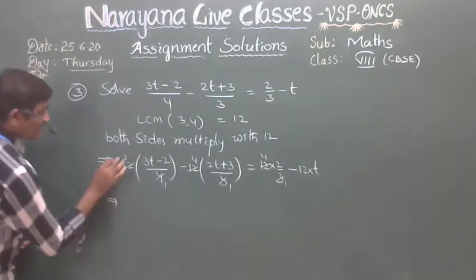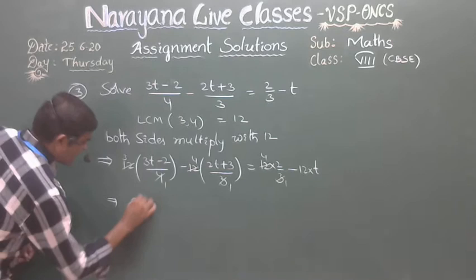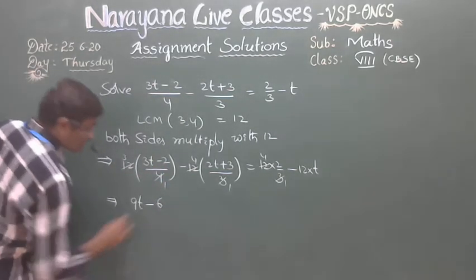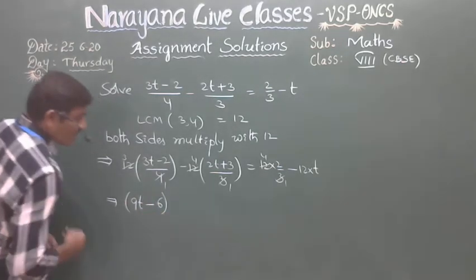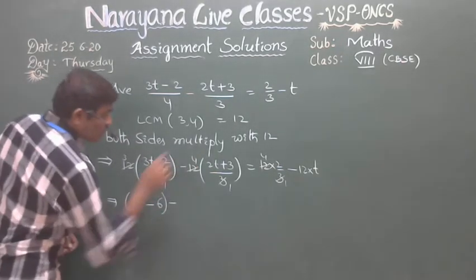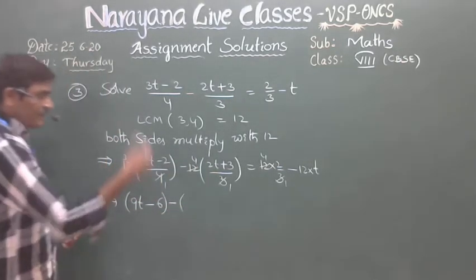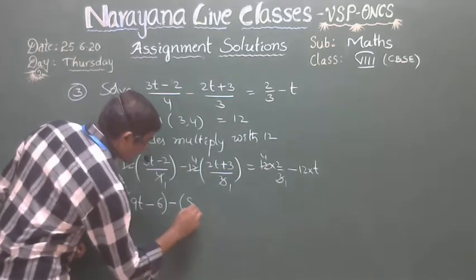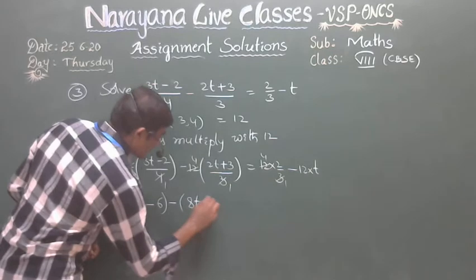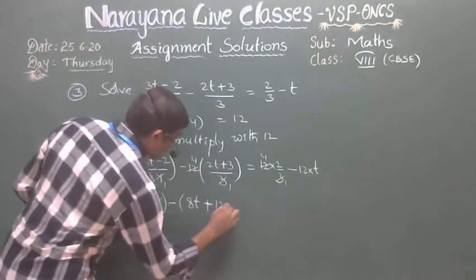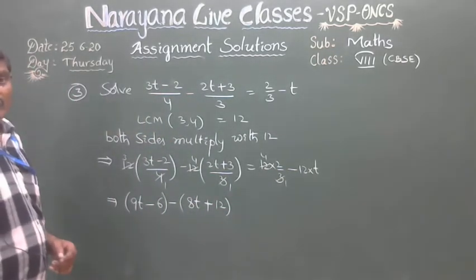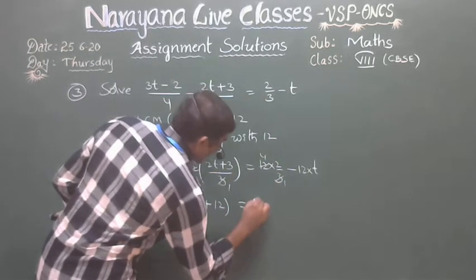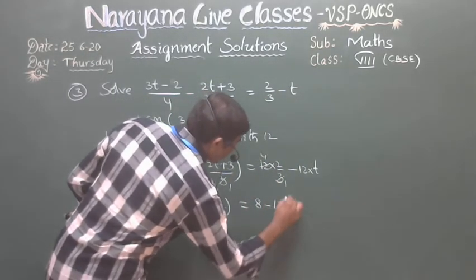That gives 3 into (3t) 9t minus 3 into 2, 6, in one bracket, minus 4 into 2t, 8t, plus 4 into 3, 12, equal to 4 into 2, 8, minus 12t.